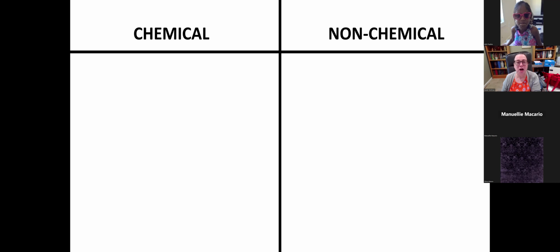All right. How about oxygen? Oh, that was very fast. That was a very quick response on oxygen, that it was a chemical. Why was that one so much easier to decide on?